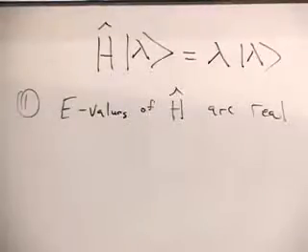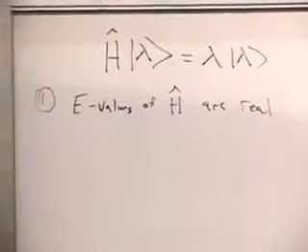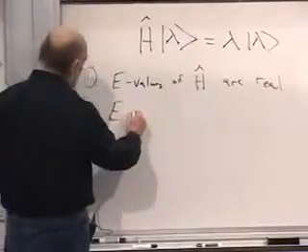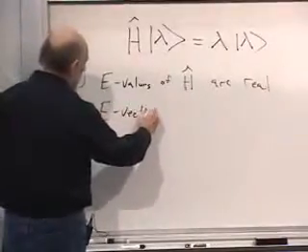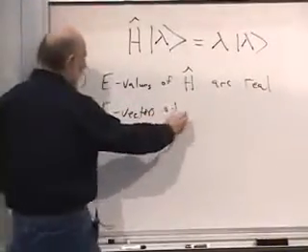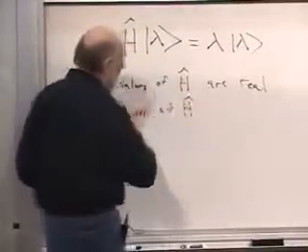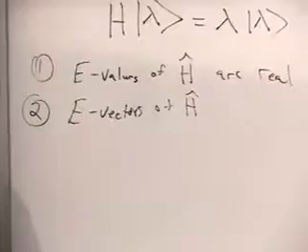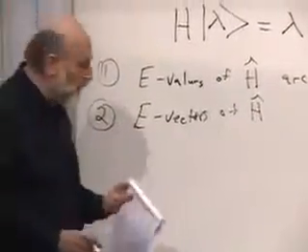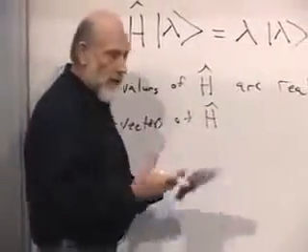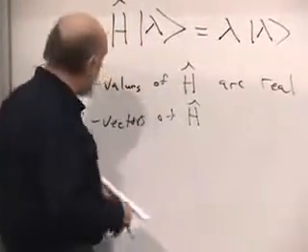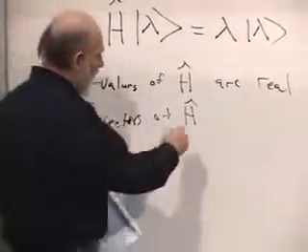Okay. Second theorem, 2. Very easy to prove, as I said. The eigenvectors of Hermitian operators for different eigenvalues. If there is more than one eigenvalue, let's call them lambda 1 and lambda 2, and they're not equal to each other, different eigenvalues, the eigenvectors are what?